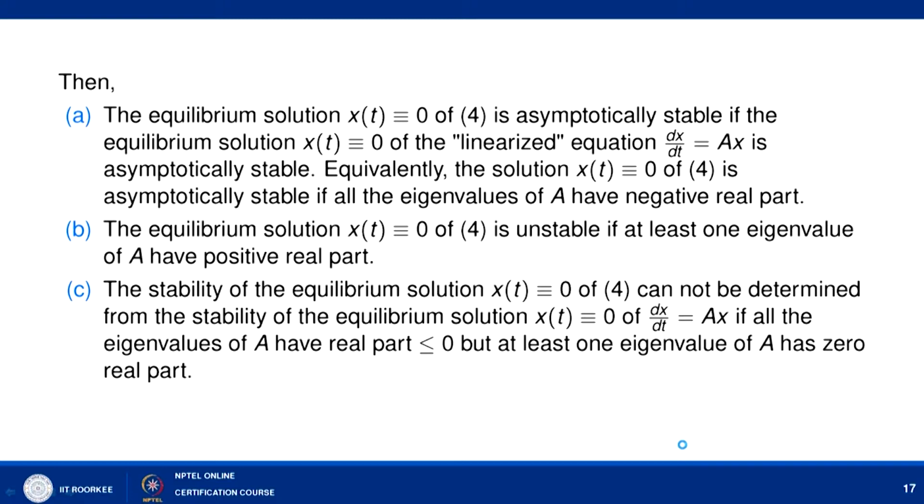The first part says that the equilibrium solution x(t) identically equal to 0 of (4) is asymptotically stable if the equilibrium solution x(t) identically equal to 0 of the linearized equation, that is dx/dt equal to Ax, is asymptotically stable. So, it means that the zero solution of the system (4), x' equal to Ax plus g(x), is asymptotically stable if the zero solution of the corresponding linear part, x' equal to Ax, is asymptotically stable.